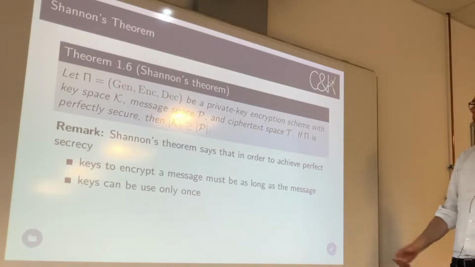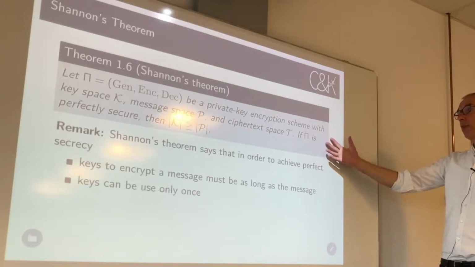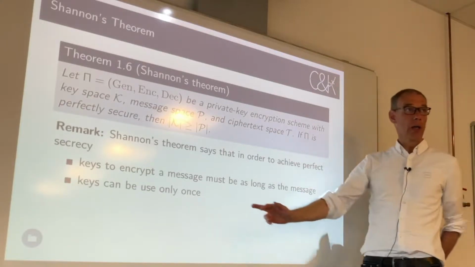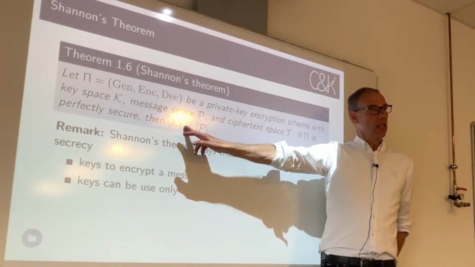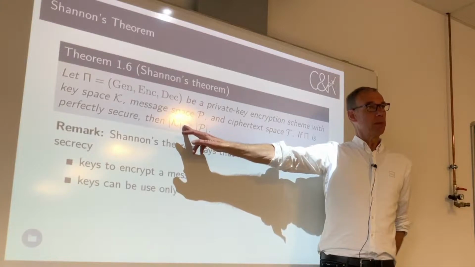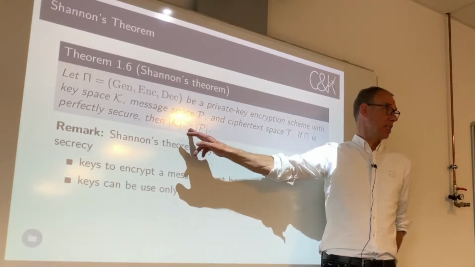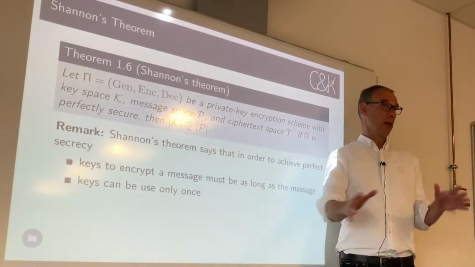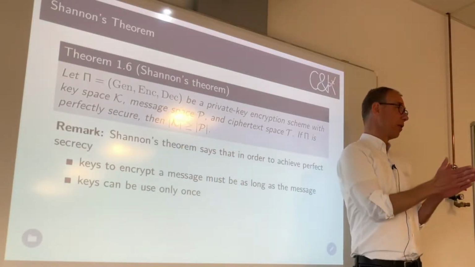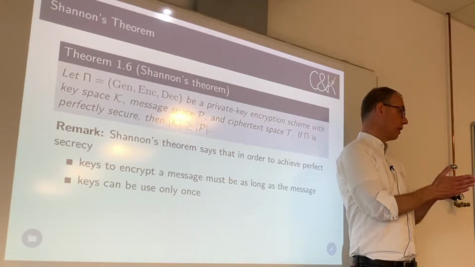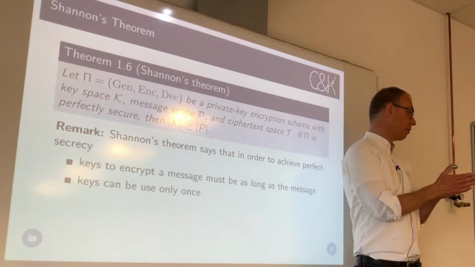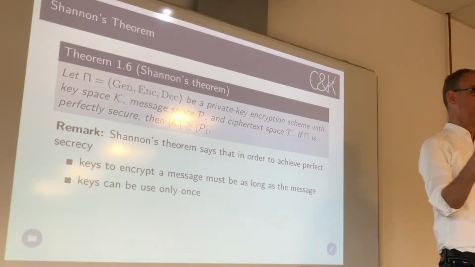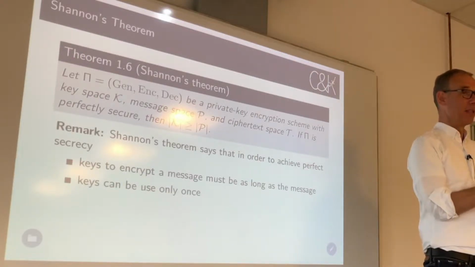So Shannon's theorem says that if we have a private key encryption scheme and we want it to be perfectly secure, then the key space must be at least as large as the message space. That means we cannot get away with short keys. If we want to encrypt messages, we have to have long keys. The keys must be as long as a message.